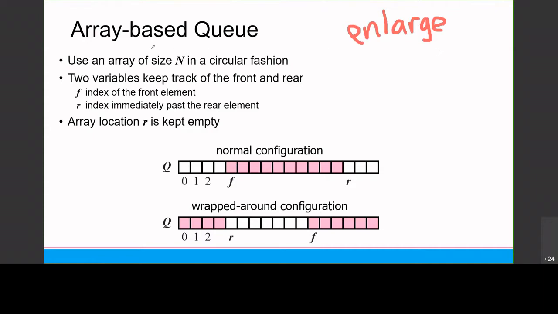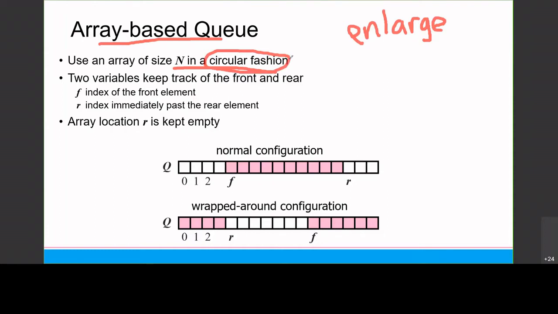But in the array-based queue, we have one way to keep the size, so we do not need to increase or enlarge the size. In order to still fit with the size of the array, we use the circular fashion.